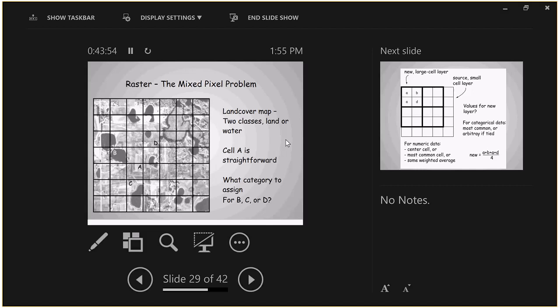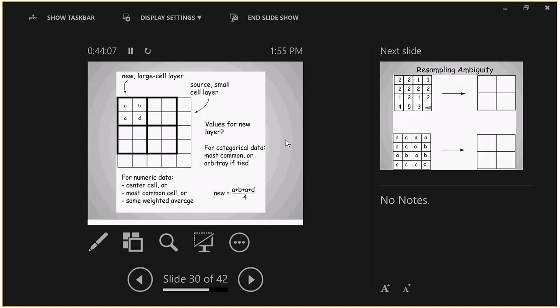We could say, whatever the center of the cell is, it's going to be that. We could also say, whatever the majority is, it's going to be that. Another way to solve the problem is to say, well, let's use a smaller cell size. If we use a smaller cell size, then we get more data volume. And that gets back to the earlier slide.